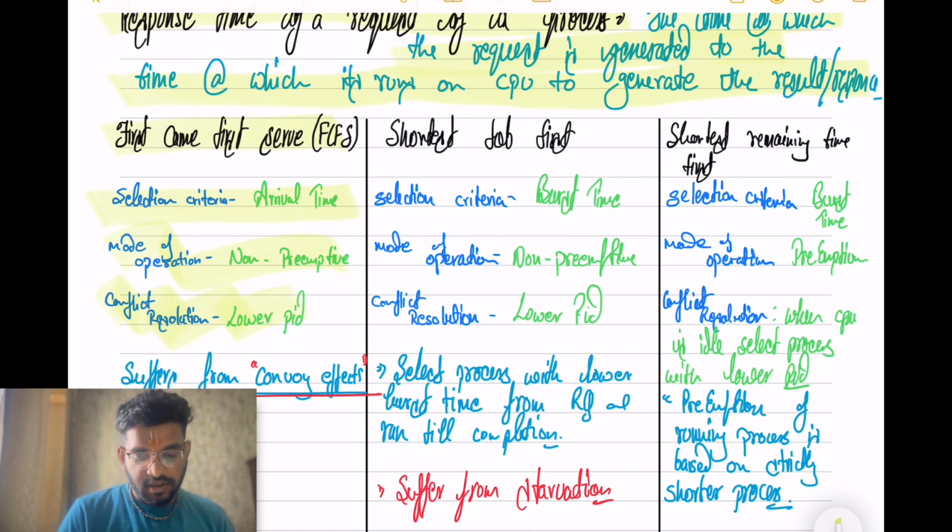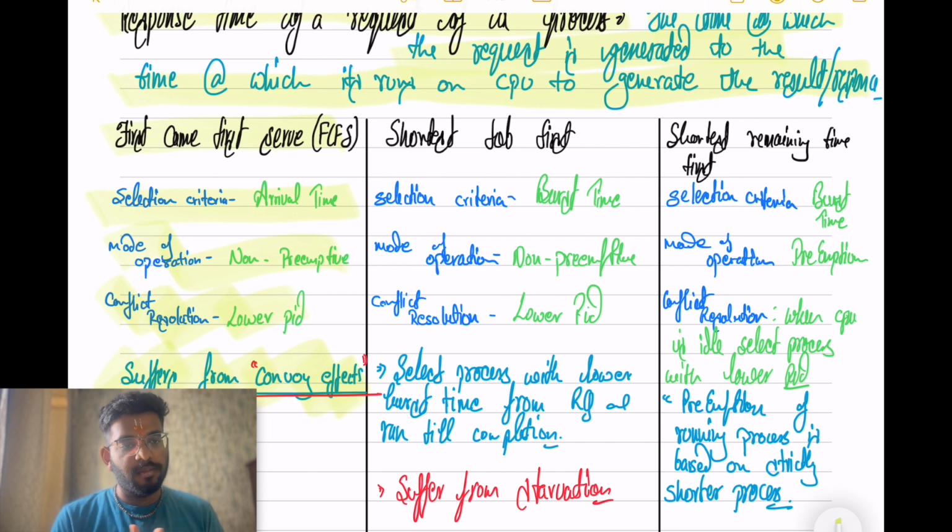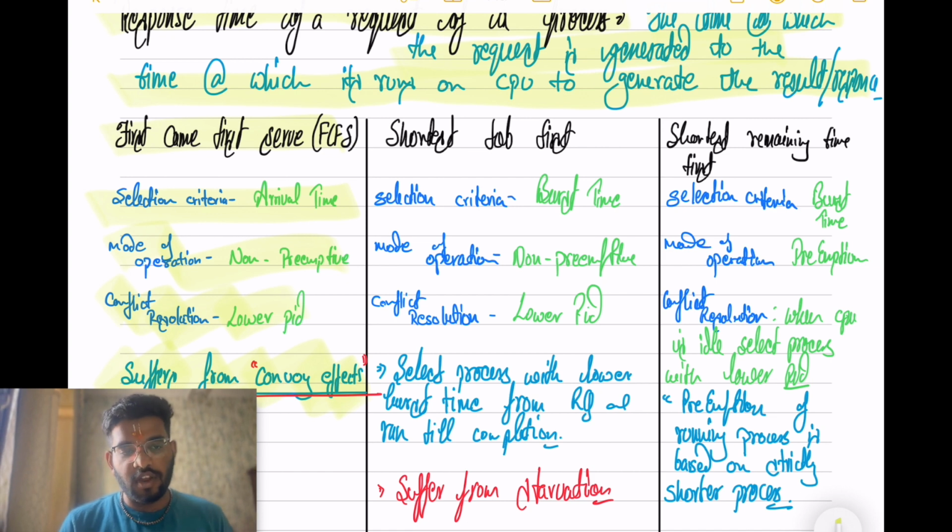The drawback is that it suffers from the convoy effect. If a process with a very large burst time arrives first, and then processes with very small burst times arrive later, those small processes will starve due to the first process.